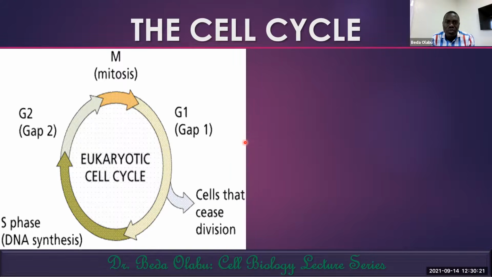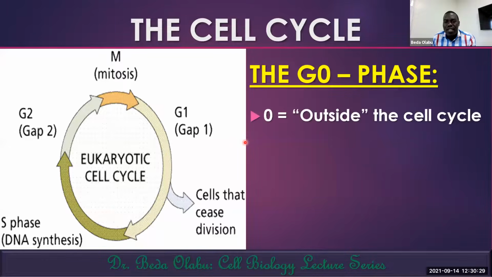How about those cells which no longer have the capacity for cell division? The cells which have lost their capacity for cell division are described as being in the G0 phase of the cycle. Now, the 0 here actually means O, not 0, and that O means outside the cycle. We believe that these cells have now left the cycle.